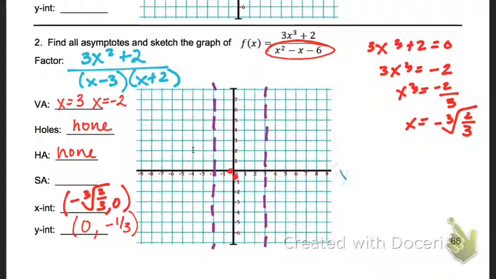So I have x squared minus x minus 6 right here. Then I put my numerator on the inside, and I put a 0 where the other terms are missing, because I don't want to skip any terms. So I've got 3x cubed plus 0x squared plus 2.